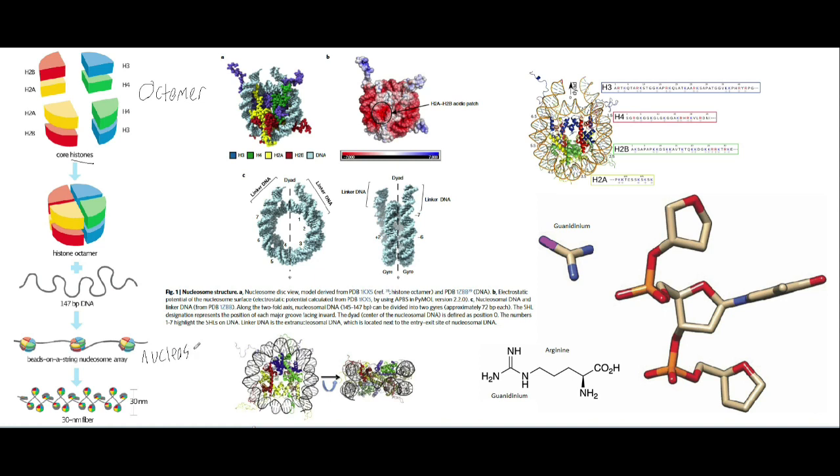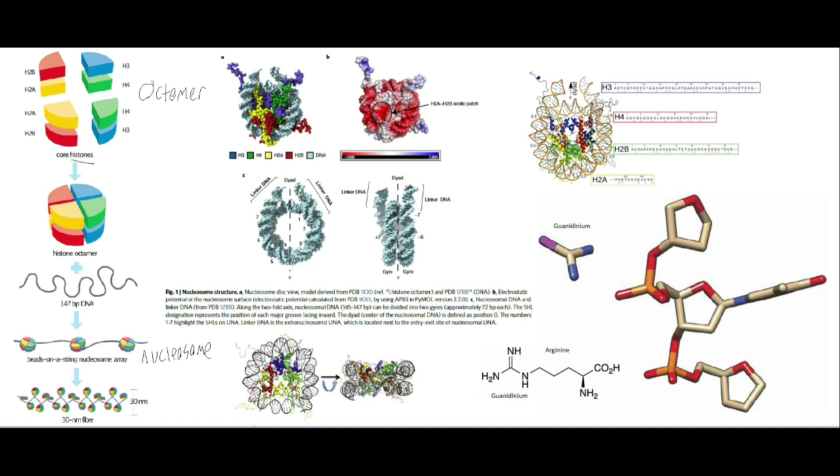And so these proteins, there's 8 different proteins. The DNA wraps around it, and then we can start creating our sort of higher order structures of DNA.